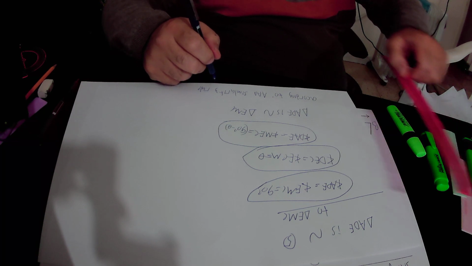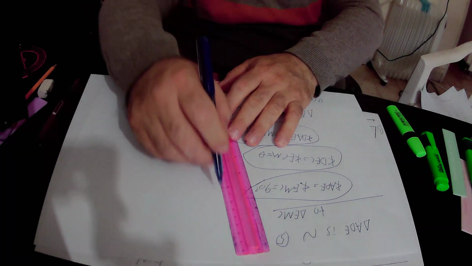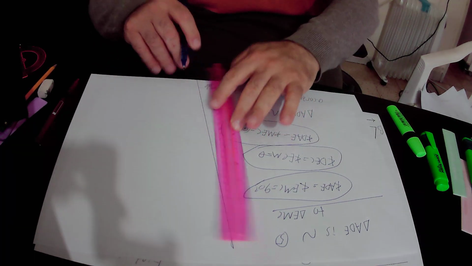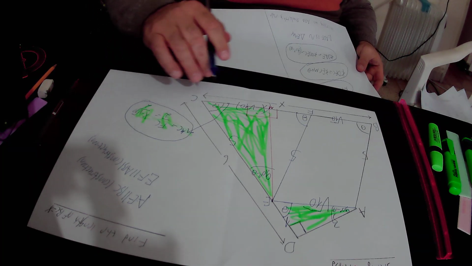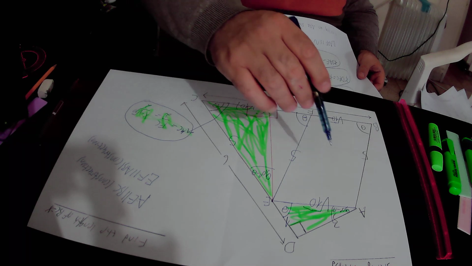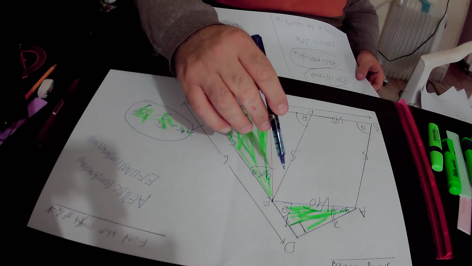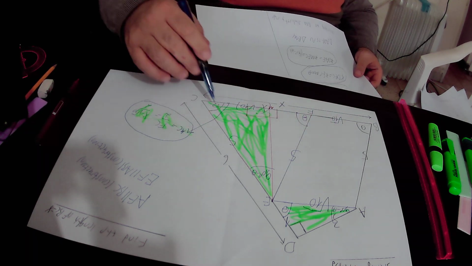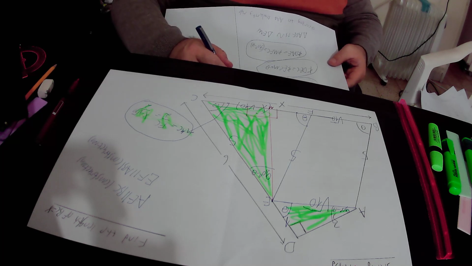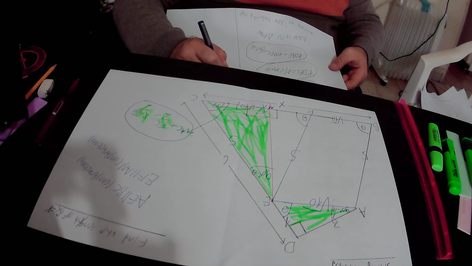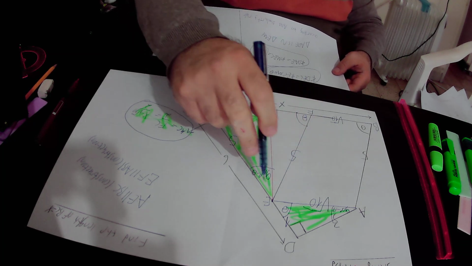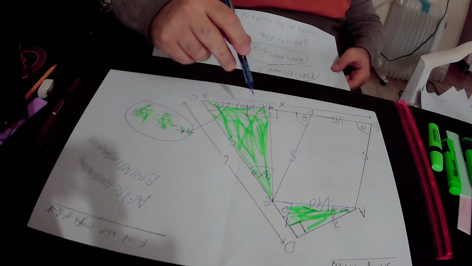And from the fact that those two right triangles are similar to each other, we will conclude, hence, that AE over EC equals DE over MC.